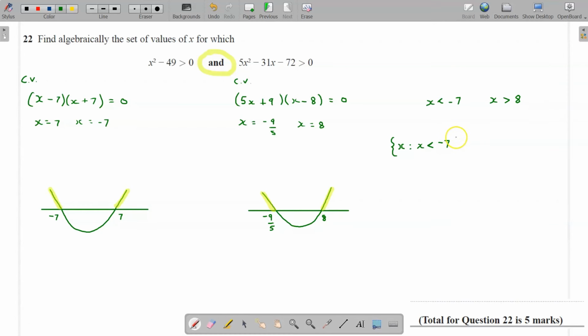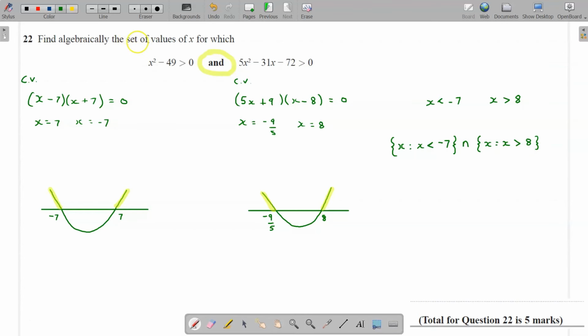That's the first set. And that is intersected with the other possibility, which is that x is such that x is greater than 8. So that's a full proper set notation answer.